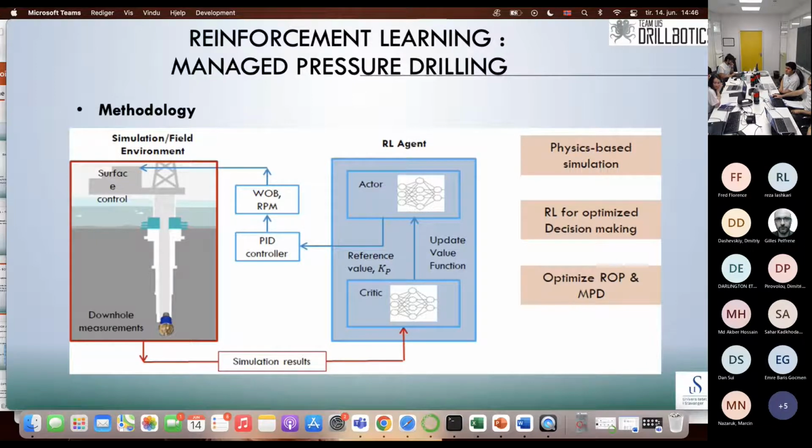The actions go into the PID controller. These actions are the values of KP and KI, and furthermore, we send the reference value of the bottom hole pressure, the one that we want the controller to achieve. All of these suggestions are made by the reinforcement learning agent.